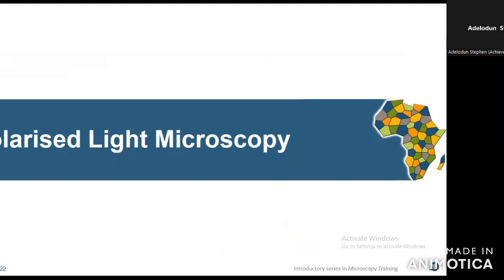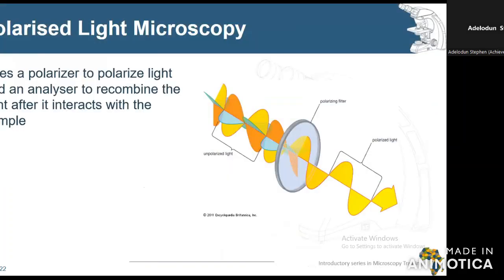Now, the polarized light microscopy. The light will be polarized in this situation by passing through a polarizing filter. The filter has its own intricate property in which all the components of the filter are in one orientation.